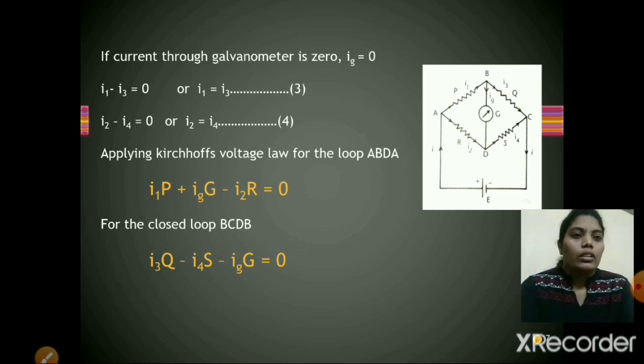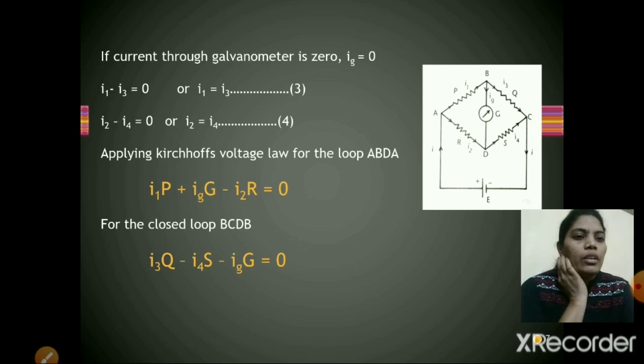When considering the currents, if the current is in the direction of the loop, the potential difference is taken as positive, and if the current is not in the direction of the loop, the potential difference is taken as negative.